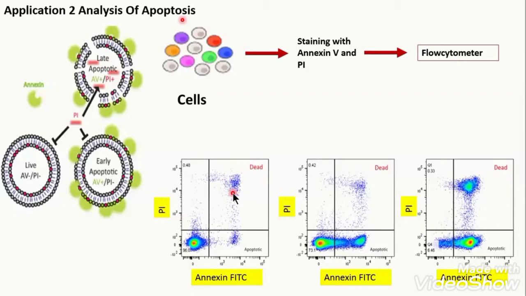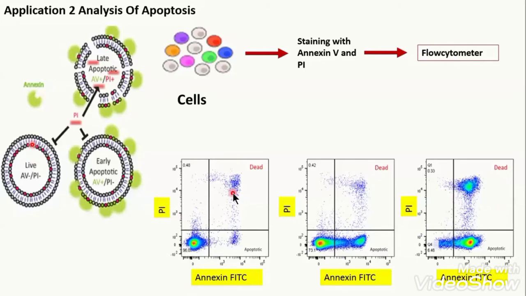So the biology says that a live cell has its membrane intact, and in the membrane we have a specific phospholipid which is called phosphatidyl serine. This phosphatidyl serine is generally present inside the cell, or you can say the inner leaflet of the membrane.